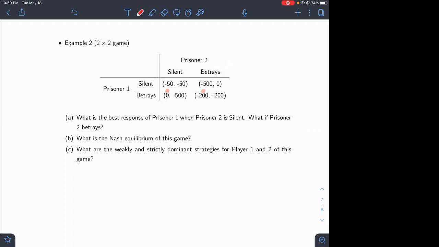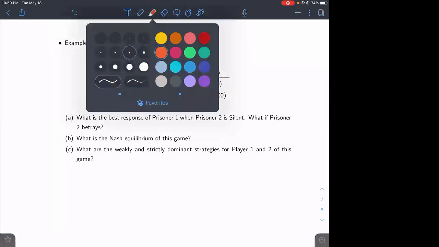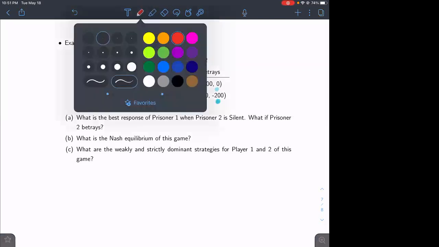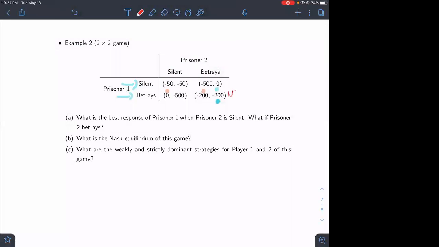For player 2, using the color blue, if player 1 is silent, then my best response is to betray. If player 1 betrays, then I also betray. So this is a Nash equilibrium in this game, because we have a mutual best response here.